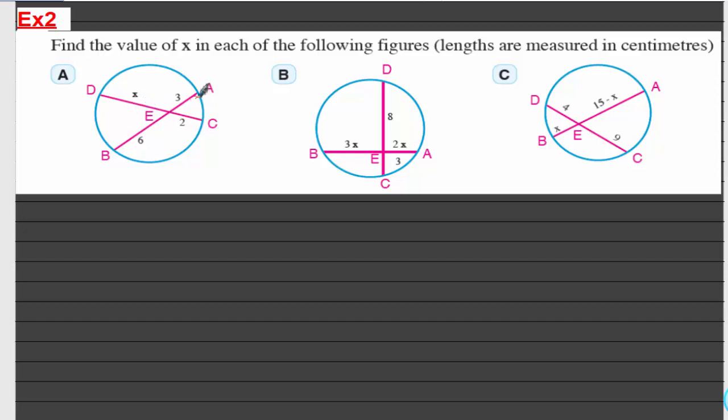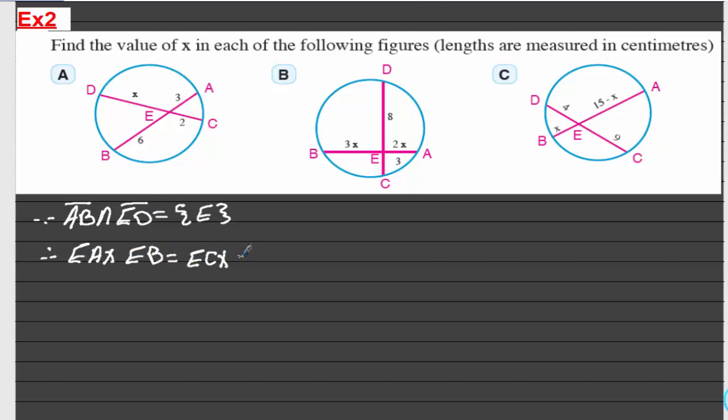Here the chords intersect inside the circle at the point E. So you can write, since AB intersect ED equals E, EA multiply EB equals EC multiply ED.